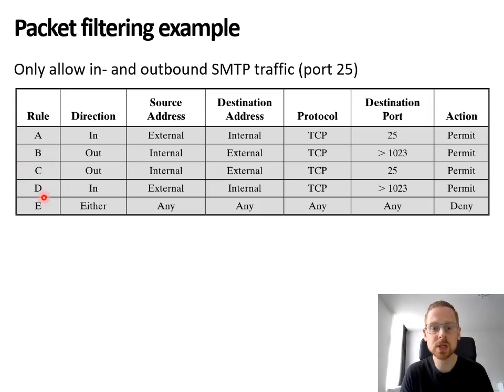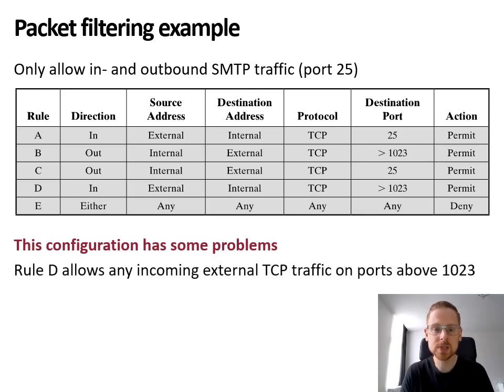Inversely, rules C and D allow outgoing traffic to some SMTP service running outside of the network. However, the internal port on the internal host connecting to the external port 25 will be any random port above 1024. As such, this configuration has some problems because rule D would allow any incoming TCP traffic on a port above 1023, which is obviously not what we want.